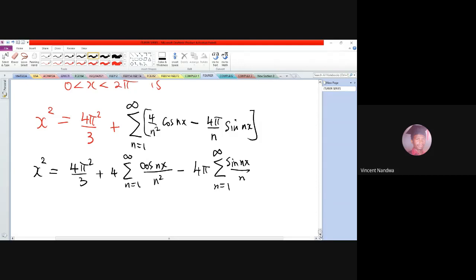So this is the Fourier series for that given function. You can write out a few terms, but the expanded form, you can just leave your answer in this form here.